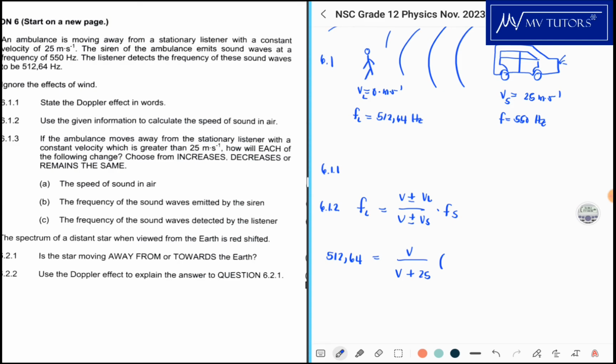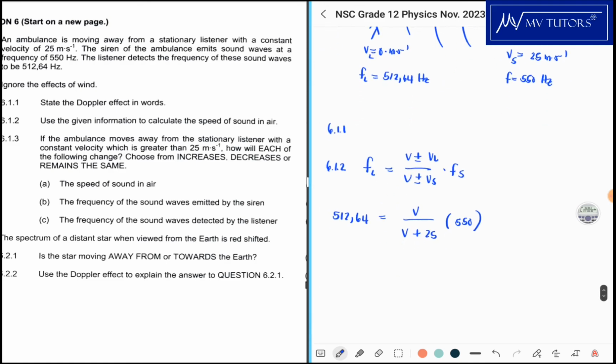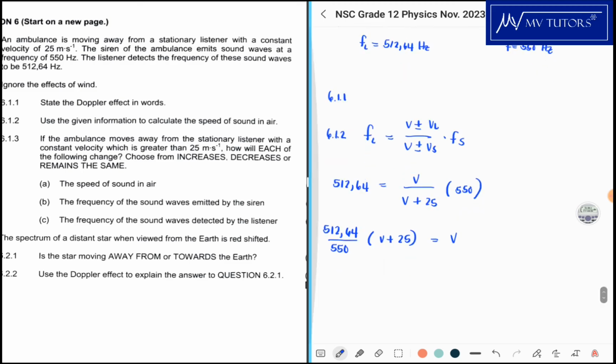And then the frequency of the source is 550. So here, let's do some mathematics, gymnastics, and see where that ends up. So we have 512,64 divided by 550 multiplied by the speed plus 25, and that's equal to the speed.